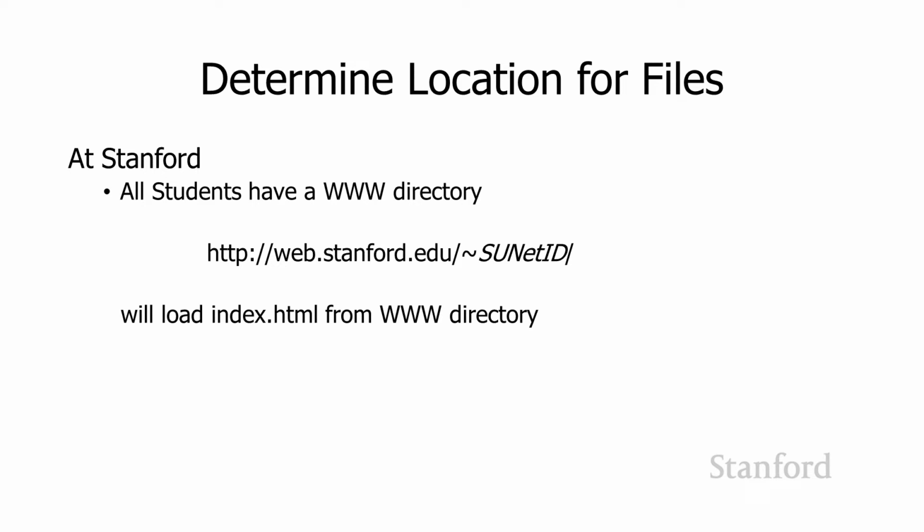Or if they follow the tilde SUNet ID slash with the actual name of an HTML file, that's what will be loaded up. Okay, so we now have some idea of what our file transfer options are, and we now know where to put the files as far as Stanford goes. If you're working with a web server other than Stanford's, whoever is providing your web hosting should tell you what location to place the files for web hosting.